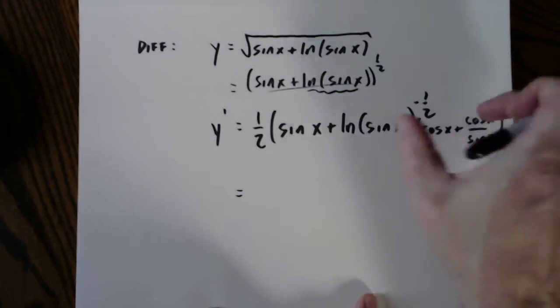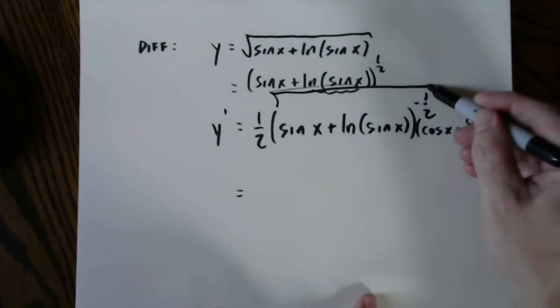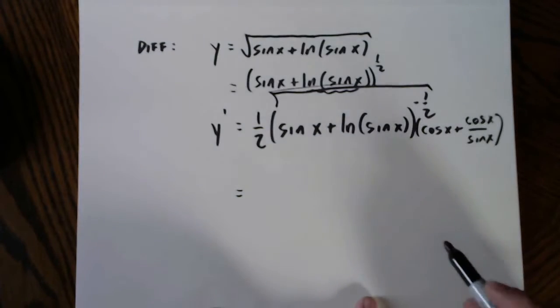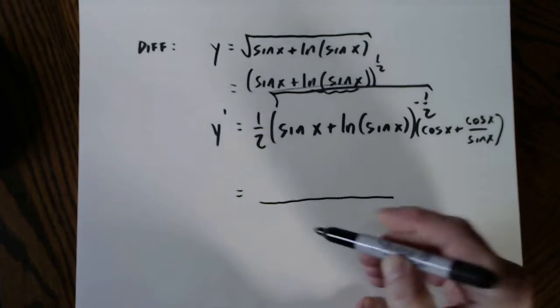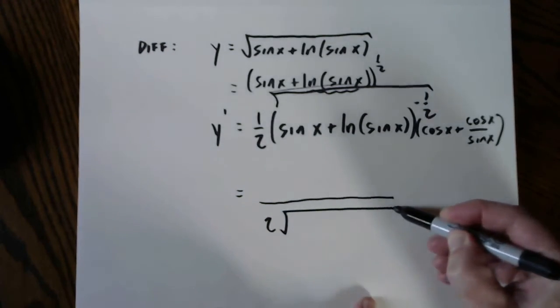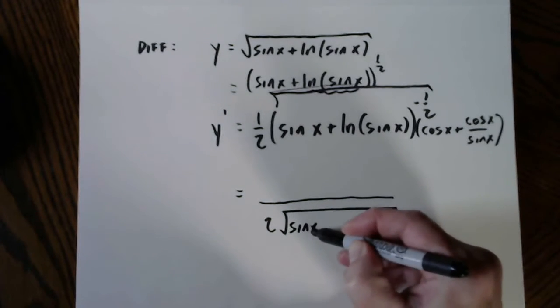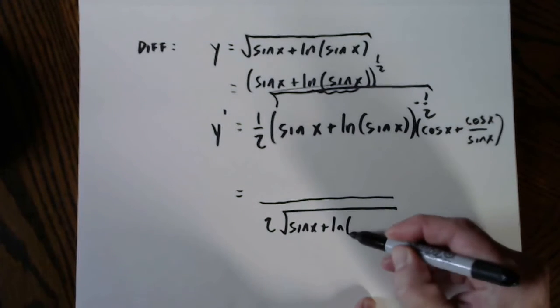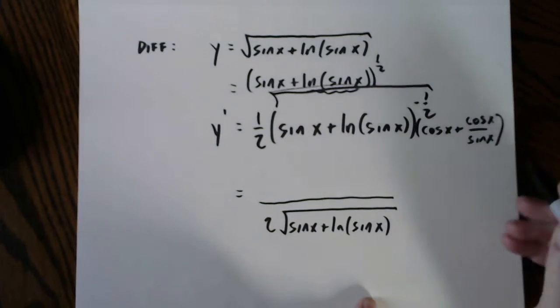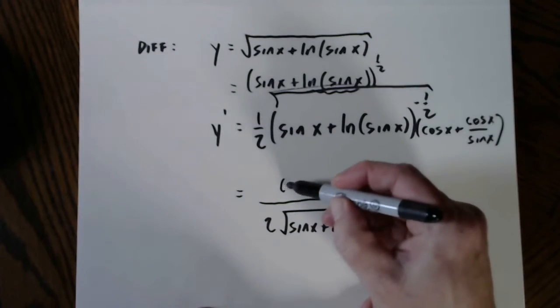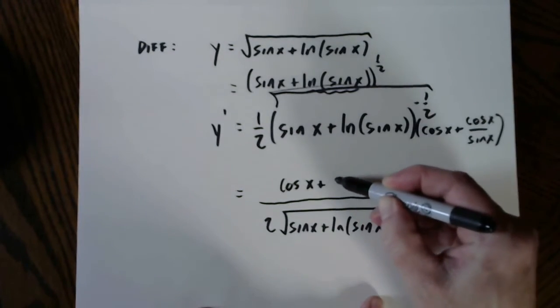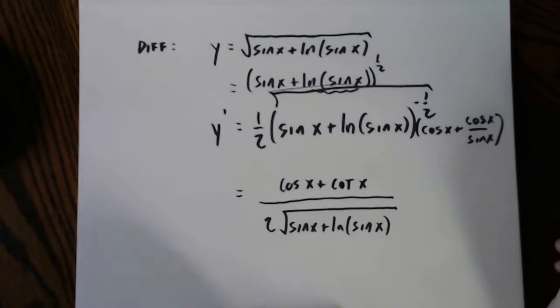So again, I'm going to move this negative exponent into the denominator with the 2. That looks okay. And then up here I have this. And I'm going to switch that over to cotangent. Okay, how's that? All right, it's kind of a mess.